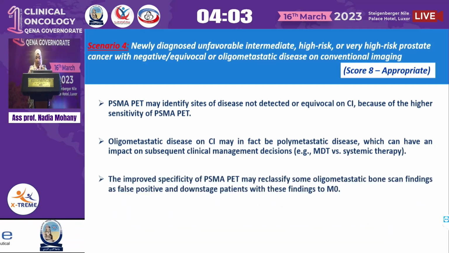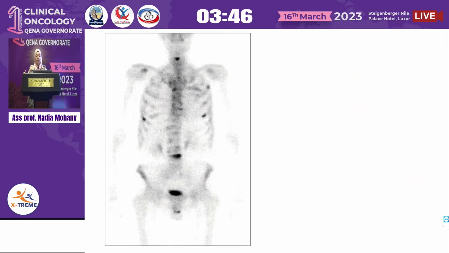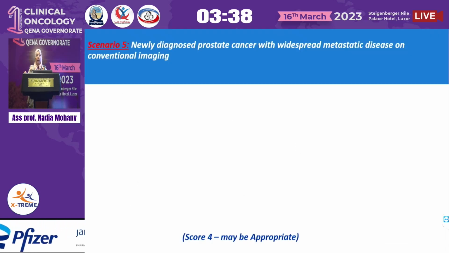On the other hand, the improved specificity of PSMA PET may reclassify some patients with oligometastatic bone scan findings as false positive and downstage these patients to M0. Example of a patient who underwent a bone scan. There are a few scattered bone lesions.